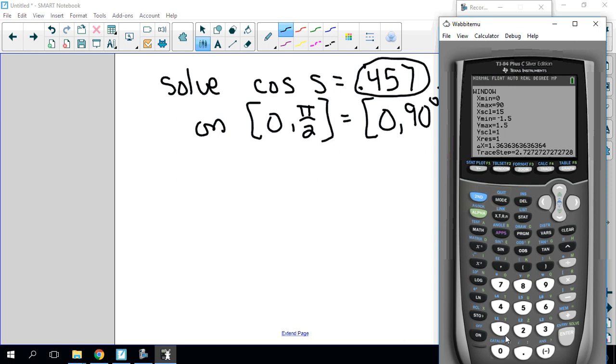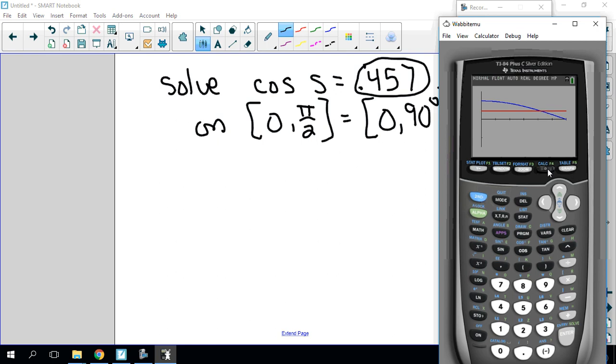Negative 1.5 to 1.5 is really good because you know cosine's bounded between negative 1 and 1. Going by 15 is awesome. Graph. So it's going to take its time getting to 0 because you know cosine of 90 is 0. And it intersects right there.